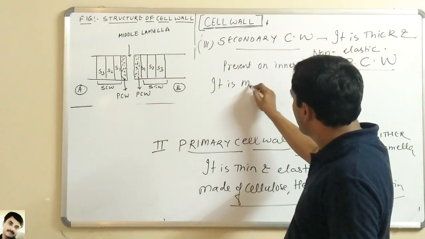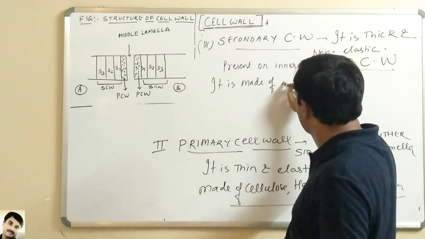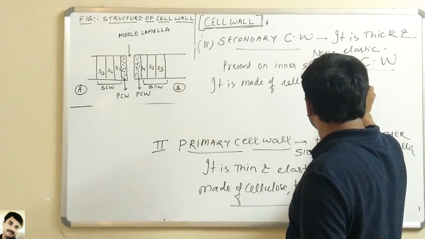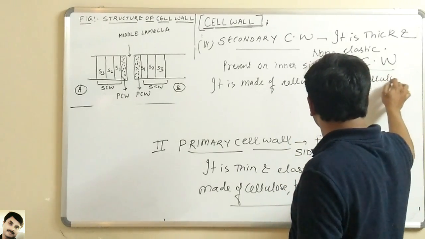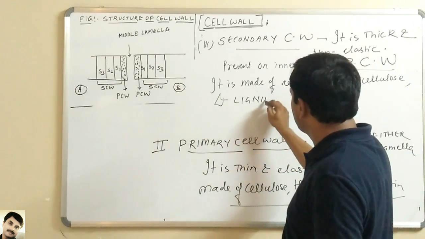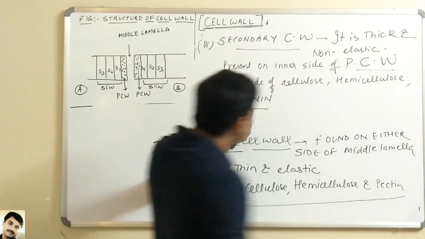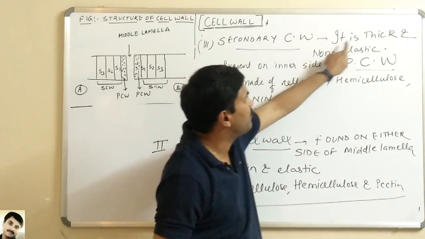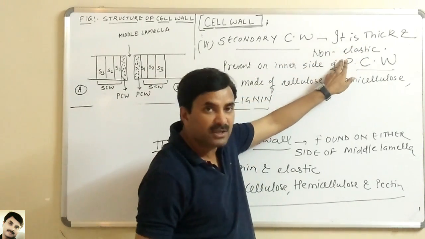It is made of cellulose, hemicellulose and lignin. You can mark here that lignin is deposited, and that's why the secondary cell wall becomes thick and non-elastic.